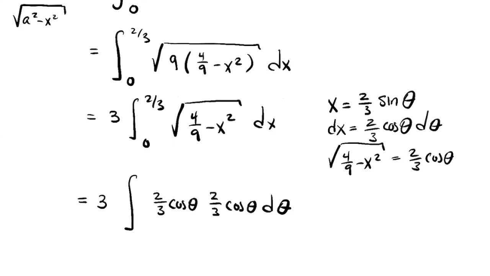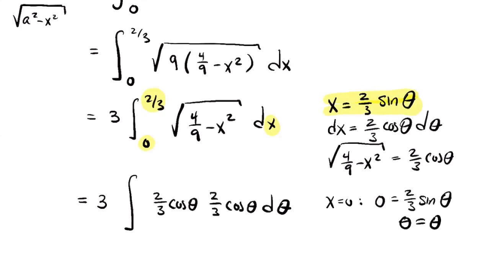So there's the algebra of the integral transformation, but we need to do our limits. I have to take the equation that relates x and theta, but remember, I'm plugging in x values. Those limits of integration on an x integral are x values. So if x is 0, the equation becomes 0 is 2/3 the sine of theta.